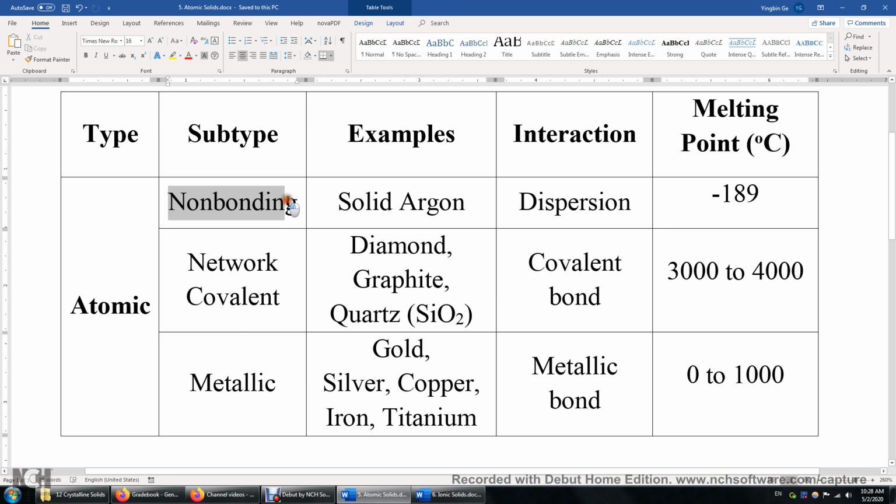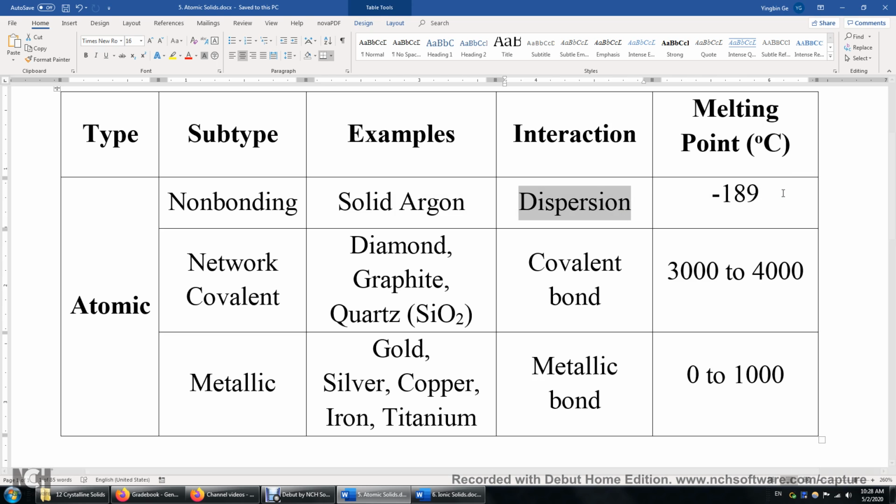First, non-bonding. Solid argon and solid xenon are non-bonding atomic solids. There is only dispersion between those noble gas atoms, and the dispersion is small. Therefore, the melting point of those non-bonding atomic solids is very low.